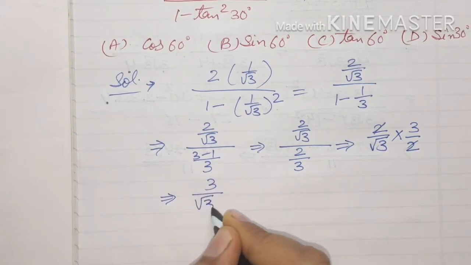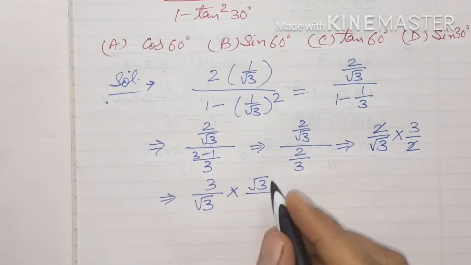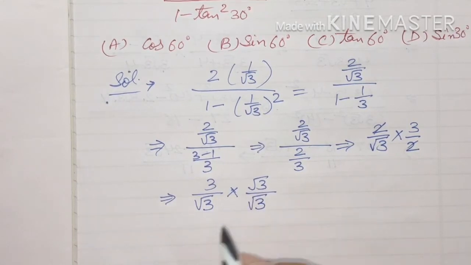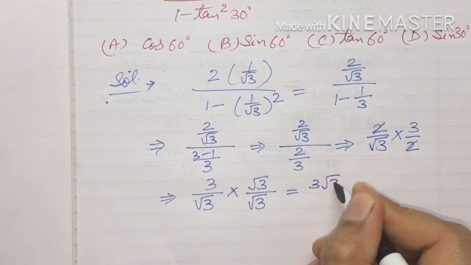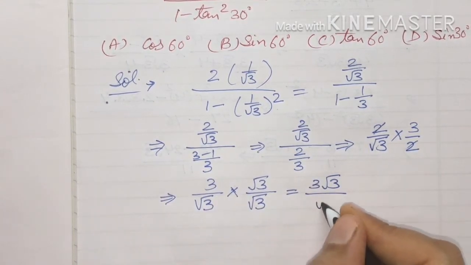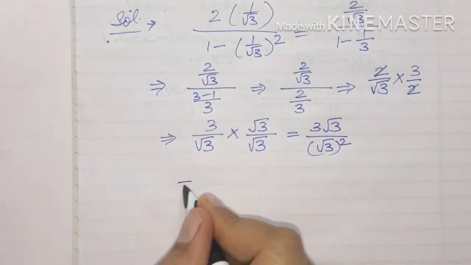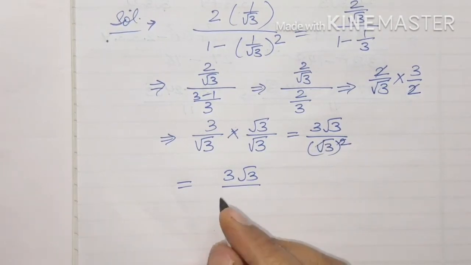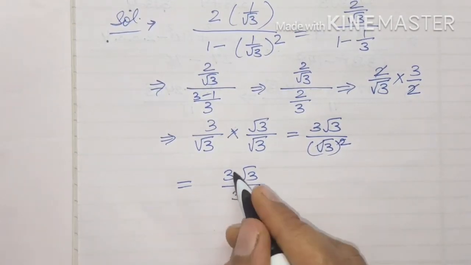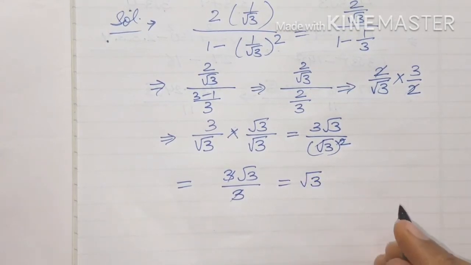3 upon root 3. We will multiply the numerator by root 3 and multiply the denominator by root 3. So 3 root 3 in the numerator, and by multiplying in the denominator, square of root 3. So it will be 3 root 3 upon 3, we can cancel the 3, and the answer is root 3.